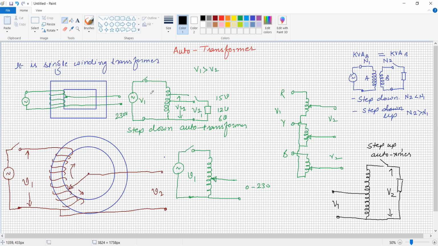Now, by looking at this figure, one may say that it is similar to the voltage divider circuit. The voltage divider circuit comprises of something like this. This is the source voltage, and these are different resistances.